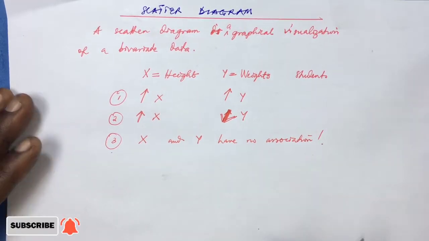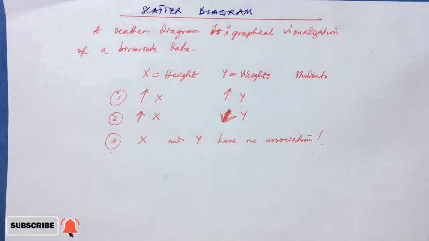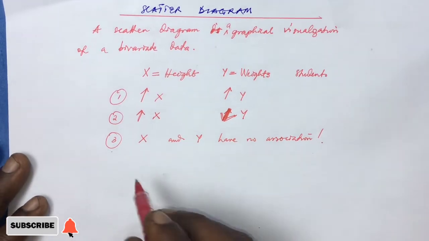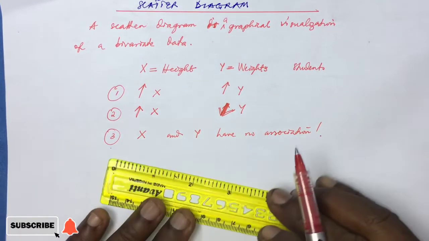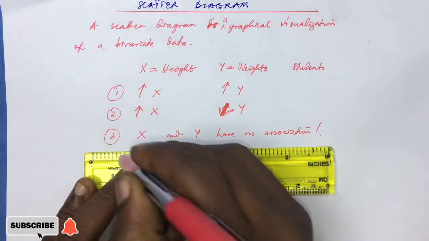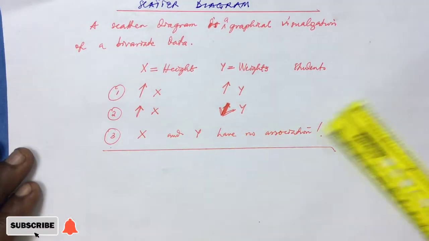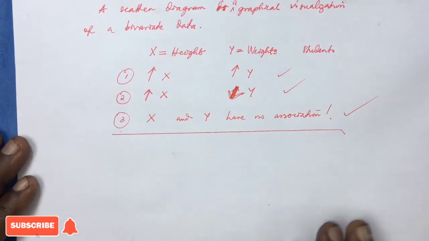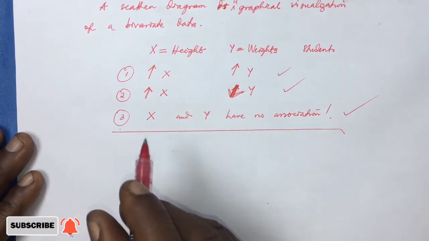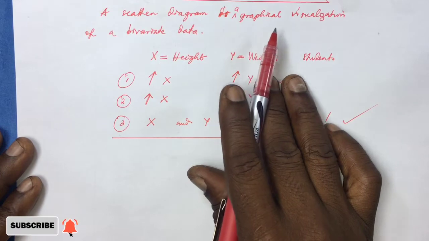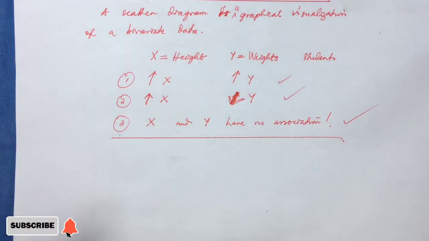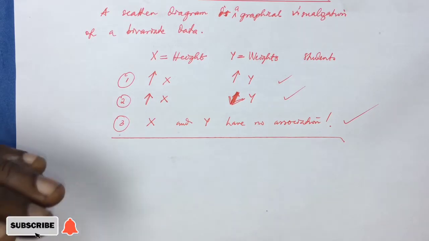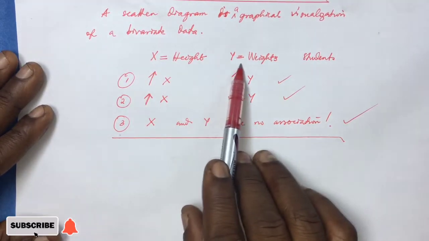So that may be a third consideration. Even as you keep these associations in mind, when you use a scatter diagram as a graphical visualization of bivariate data, it boils down to wanting to know the association between the two variables.